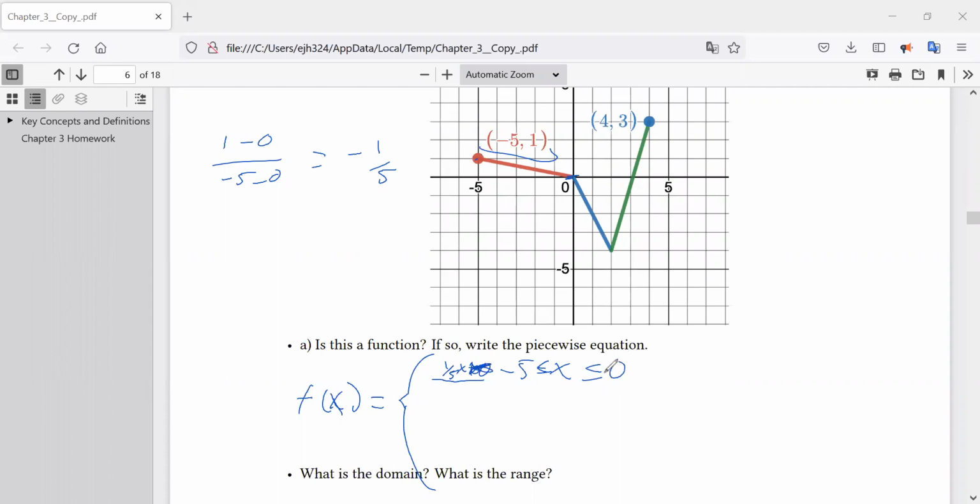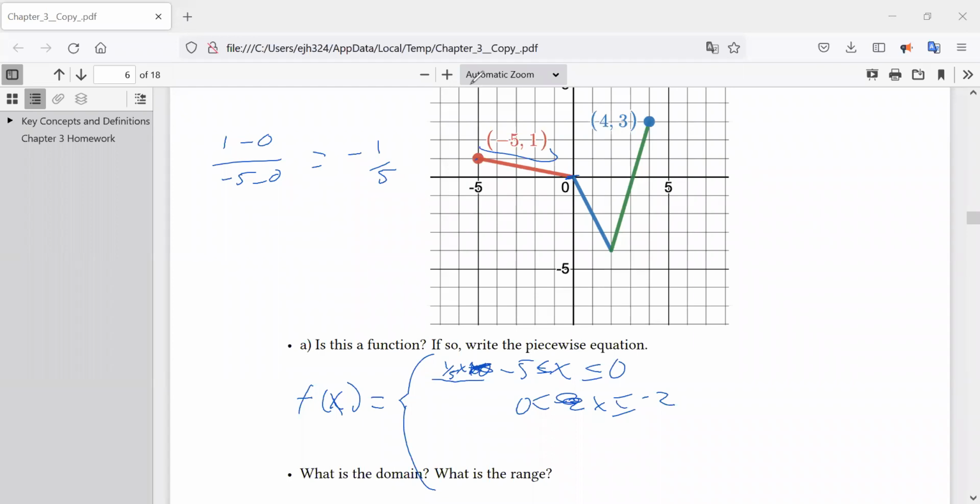And then from 0 to what's the next thing? 0 to 2, right? Pardon me, Professor. For the 0, one is less than or equal to, and the other is just greater than.